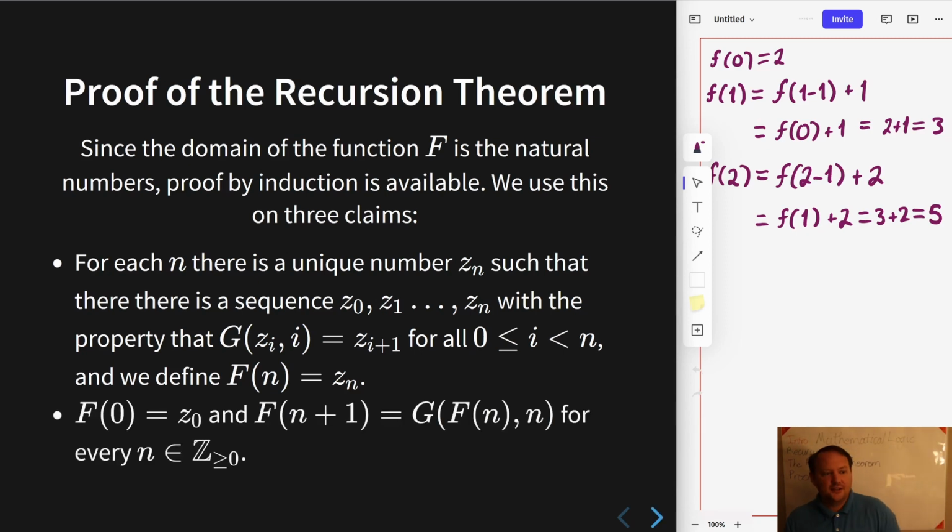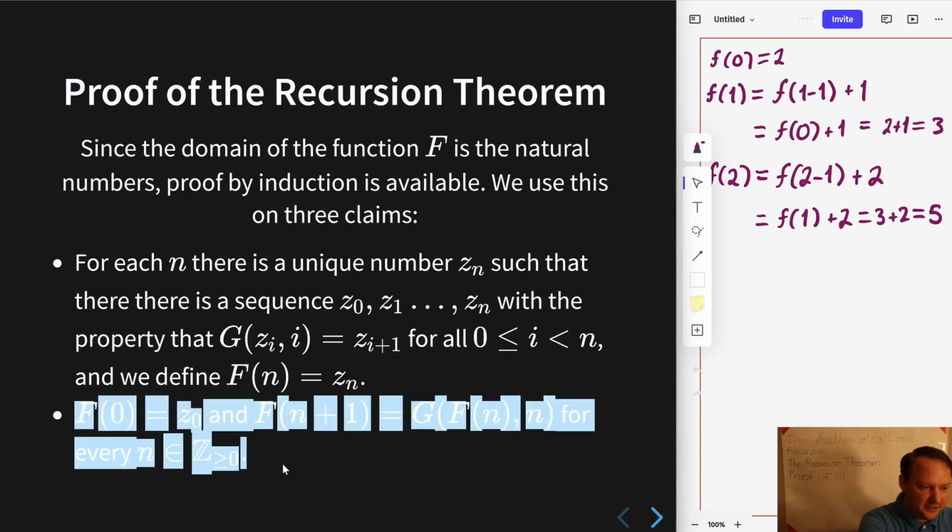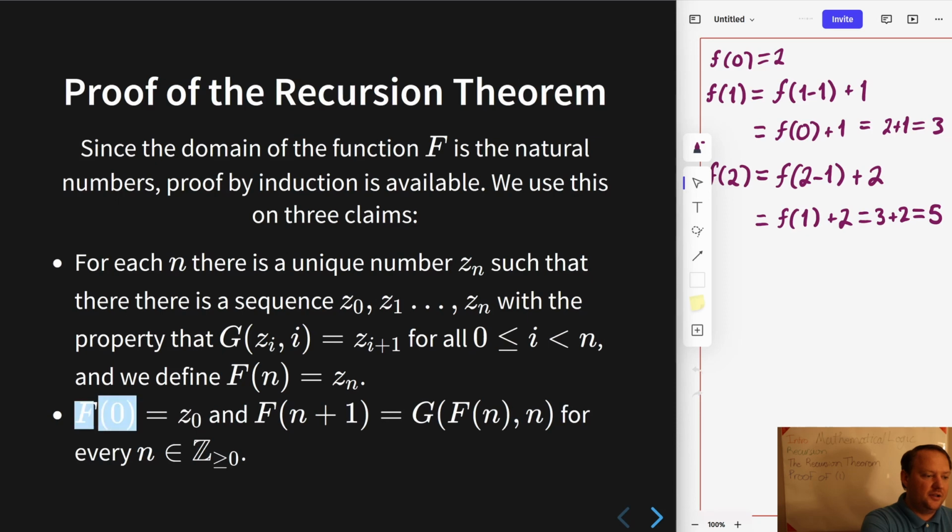The second part is telling us a fairly straightforward fact about f, which is that at 0, it takes the value z naught, and that for any next input, it is determined by g on the earlier inputs. Now, this whole thing is going to be completely trivial, because the proof is that f at 0 is equal to z naught just by definition. That barely needs a proof at all.